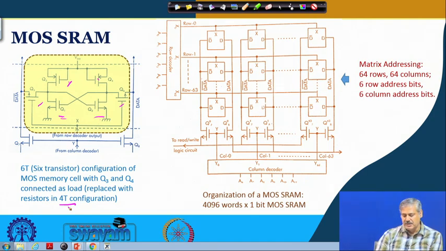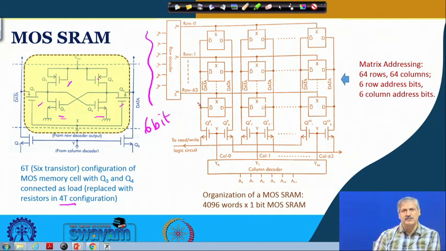Okay. So this is one typical organization, and if you look at it, you can see there are A0 to A5, so a 6-bit address. So 6-bit address, 6 to 64 address decoding, that is what is happening. Okay, so 64 rows, right? Here also 6 is there, so 64 columns, right? So 64 into 64, so 4096 words are there, and in each place you are storing 1 bit of information.